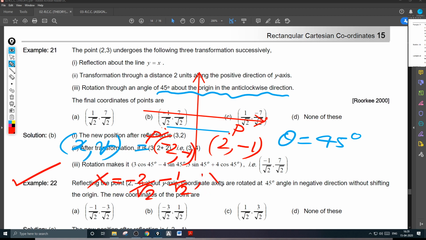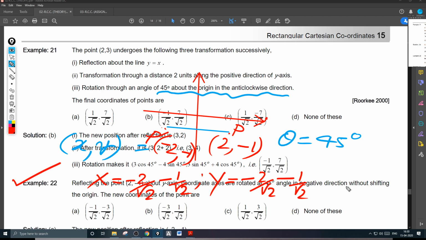B. Capital Y is minus x sin theta plus y cos theta. Capital Y is minus x sin theta plus y cos theta.